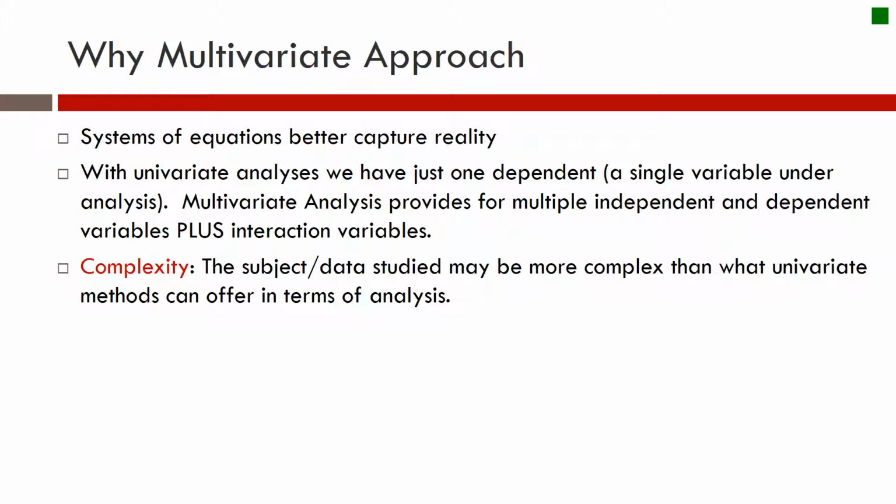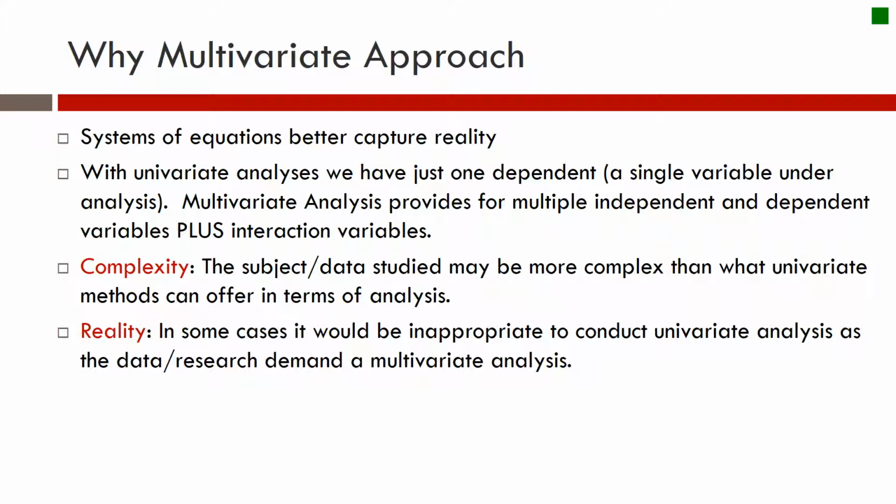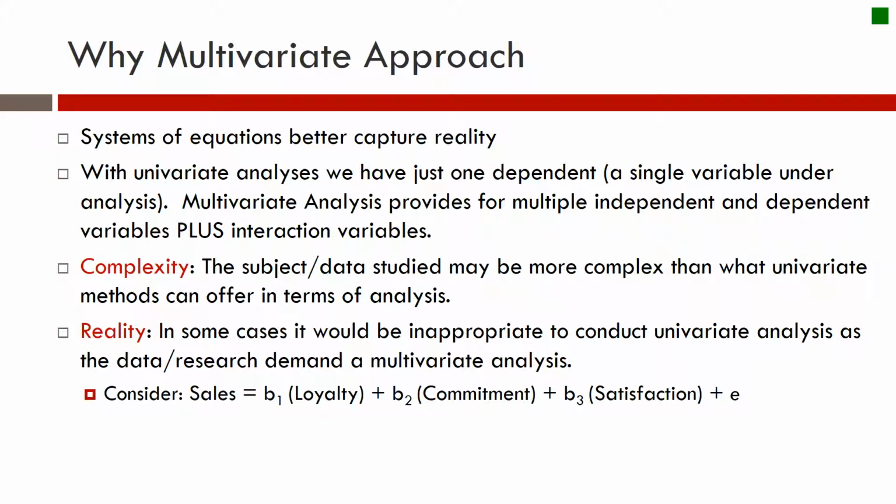So obviously this adds an element of complexity that doesn't exist in a univariate sense. But with that complexity comes robustness, and this idea that reality is better captured by having multiple equations as opposed to just a single equation.